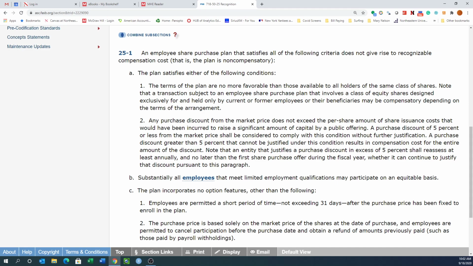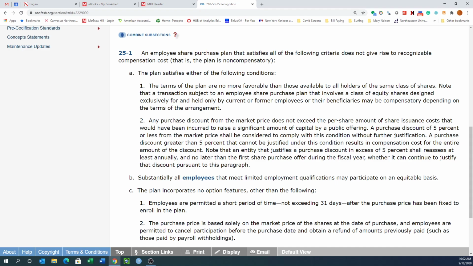They can't wait. They should enroll quickly after the purchase price has been fixed. So once the purchase price is fixed, hey, employees, you get to buy it for $95. You get 31 days to choose. You can't wait for the stock to go way up and go, wait 2 months, 3 months, 4 months, oh, now I'm going to choose. No, it has to be very quickly.